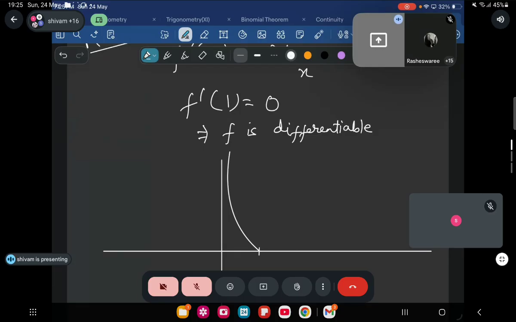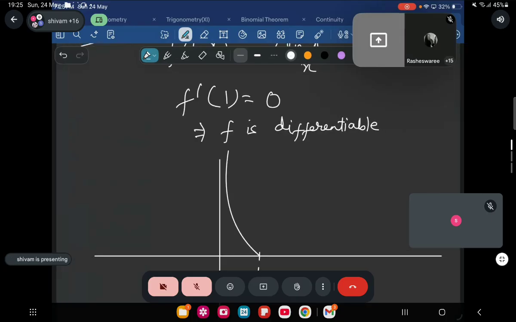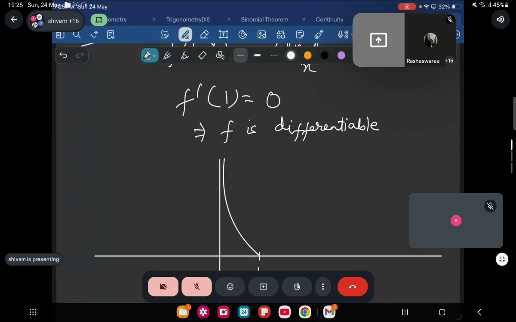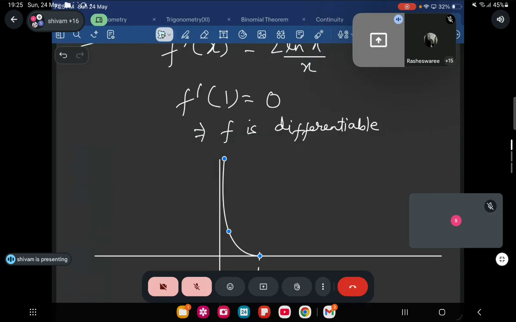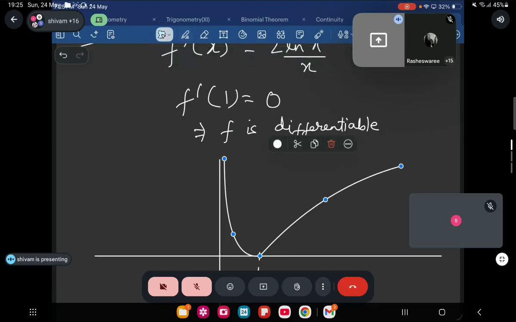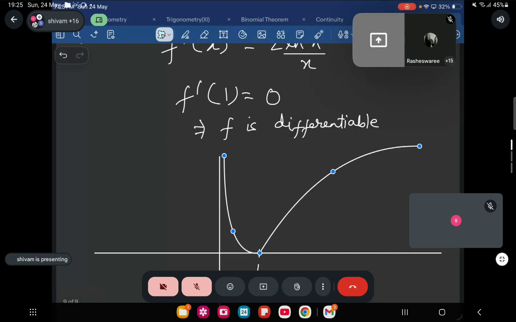I'm just trying to draw the graph. After that, I'll check. At x equal to 0 plus, it will be infinity, right? After that, over here, it's not a sharp corner. It is smooth like this, I guess.